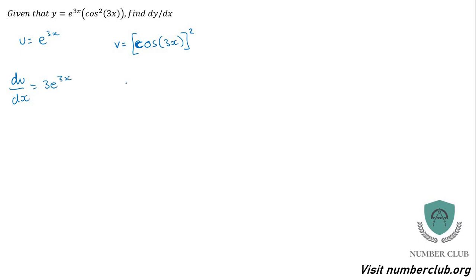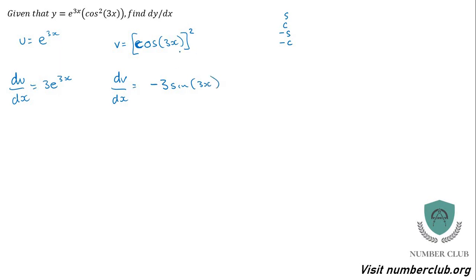But dv by dx is going to be a bit more difficult, because what you've got is cos of 3x, and you should remember from differentiating trig earlier that the derivative of the inside will be, sine, cos, negative sine, negative cos, and so you're going to get negative 3 sine of 3x.